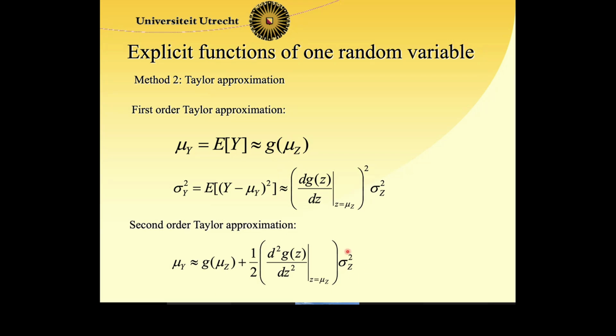So we have an additional correction term, as you can see here, which is second order, that shows you that if you have an uncertain input and a nonlinear function, you're never going to get an unbiased estimate of the mean.